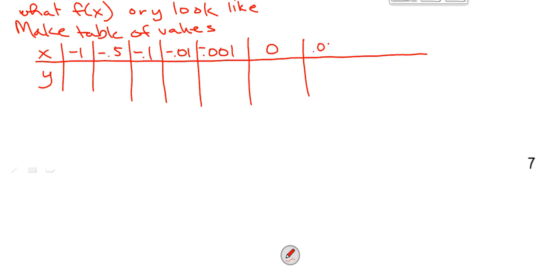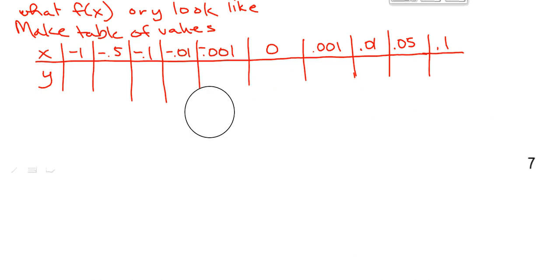I'll go 0.001, 0.01, 0.05, and then 0.1. So I'm not even using exactly the same values as I go. Certainly we're all capable of making this table of values. And I'm just going to remind you what this is. So y equals 1 over x.